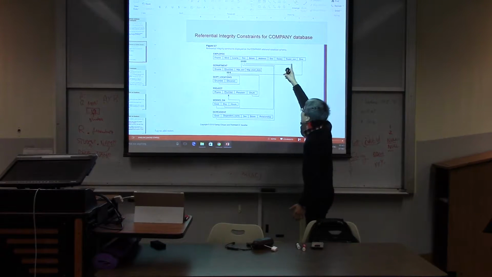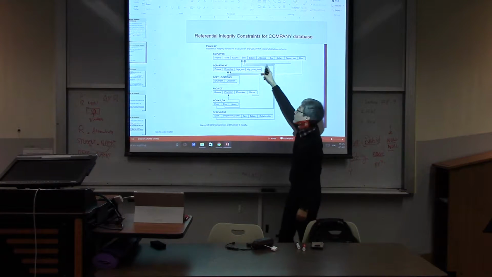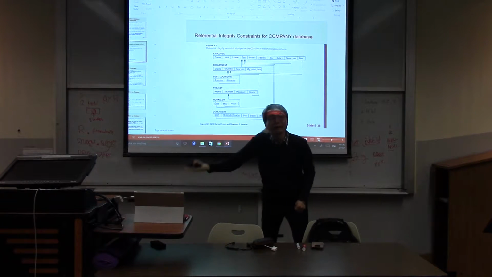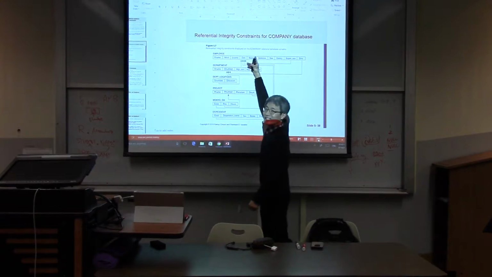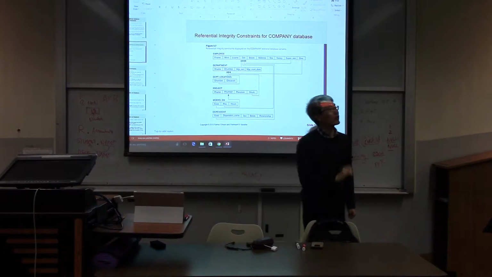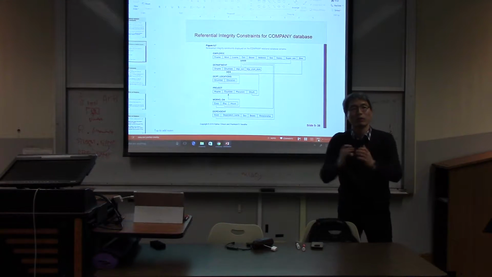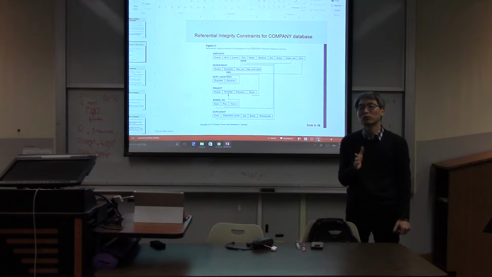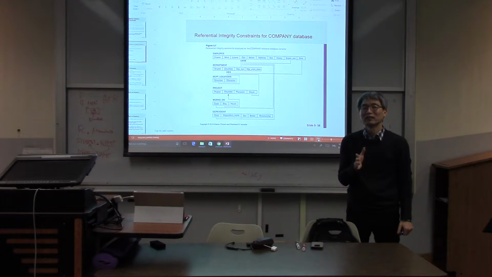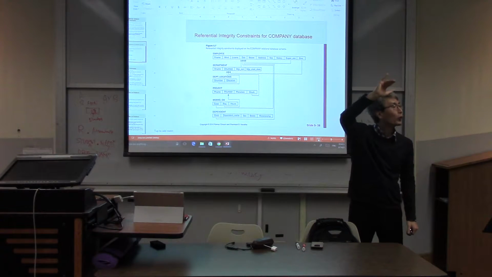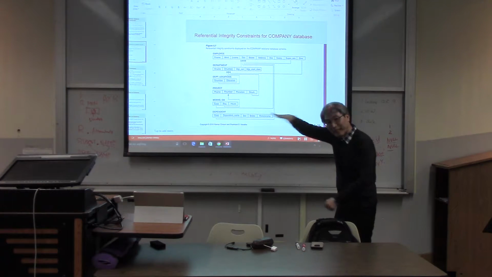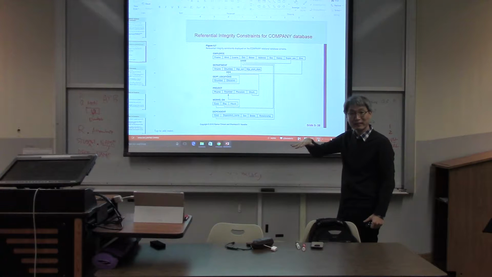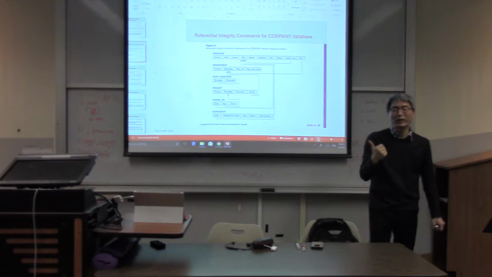So super SSN depends on SSN, which means before you create the employee, their supervisor should exist here. So when you insert the employee data, there is no employee yet. You need to insert who is first? The CEO, who does not have any supervisor. Then next. That's a good question.